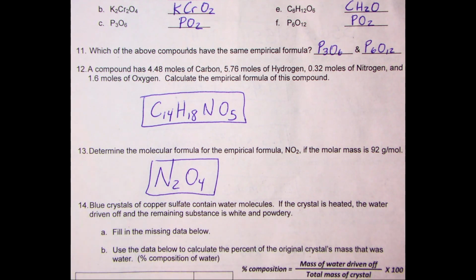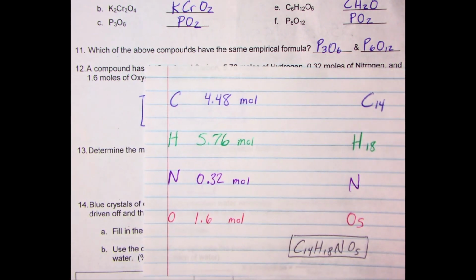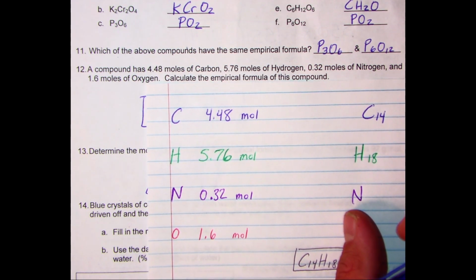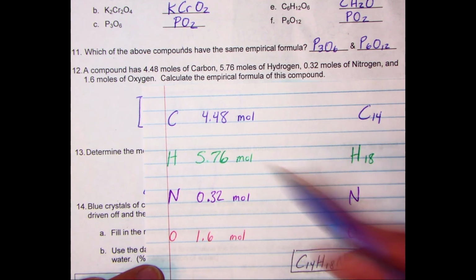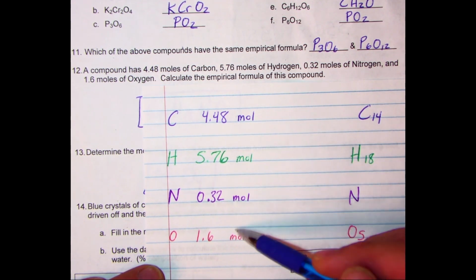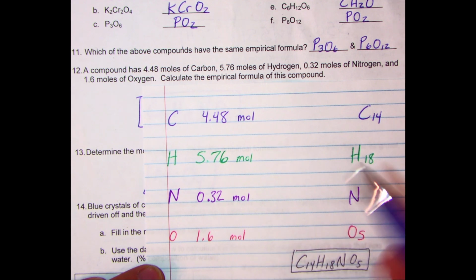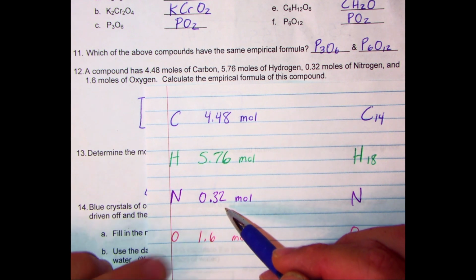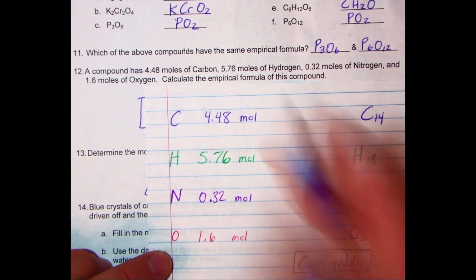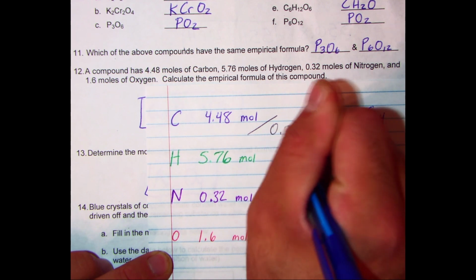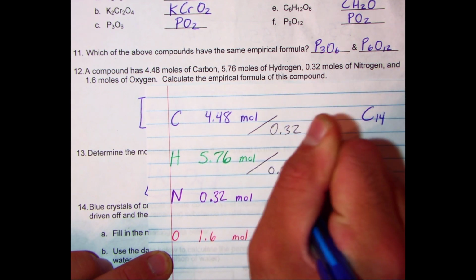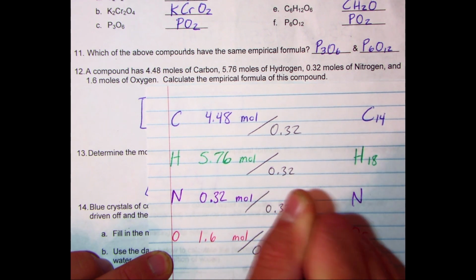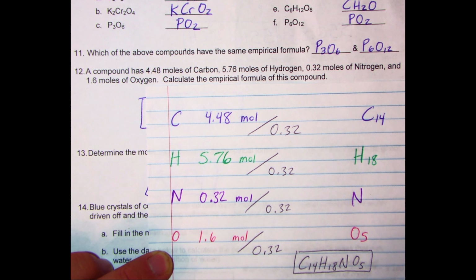But once you have the number of moles of each, it's really important that you see the relationship. For example, how does each of these relate in terms of quantity to the other? Well, to do that, you simply look at these and find the lowest number, and that's this one here, 0.32, and you take that and you divide all of these by that number, and you can see how many times greater each number is compared to the smallest.